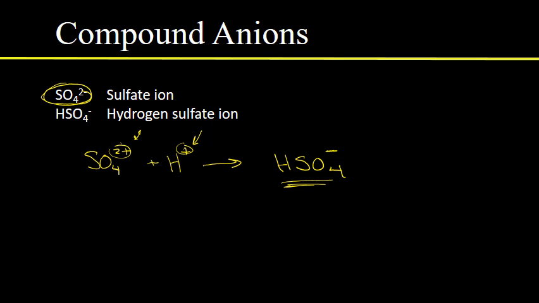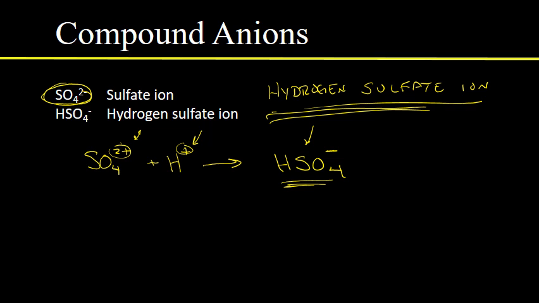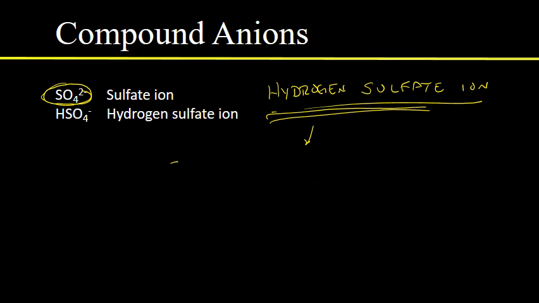And this ion here is called a hydrogen sulfate ion. Oh, I've actually already got it written there, don't I? Now you can add one hydrogen to sulfate to make a hydrogen sulfate ion.